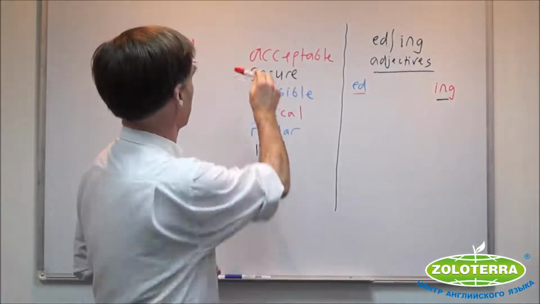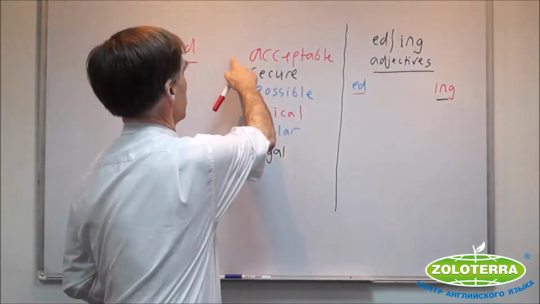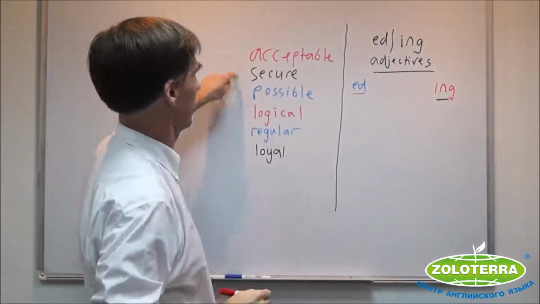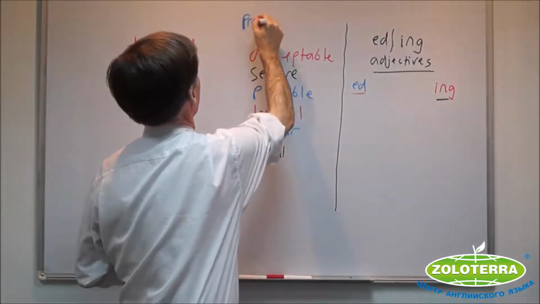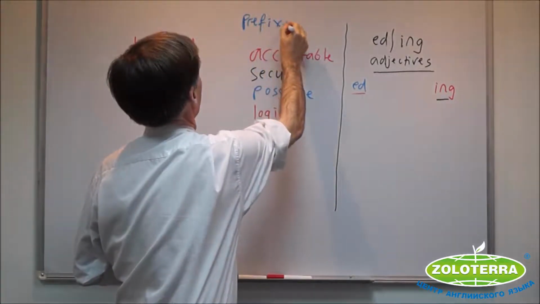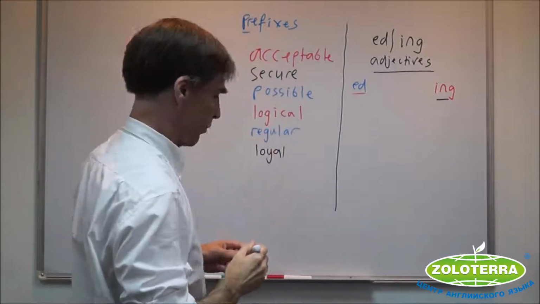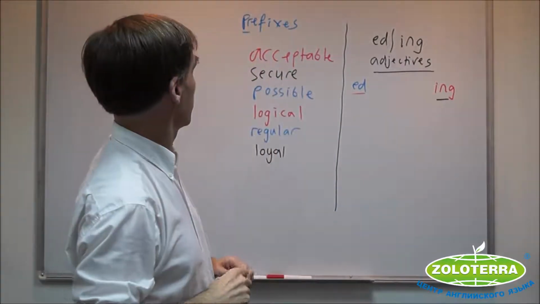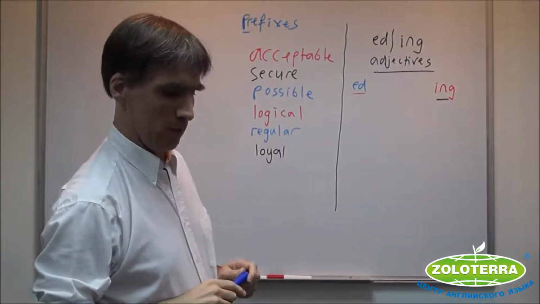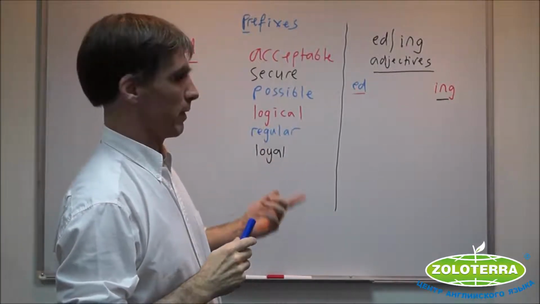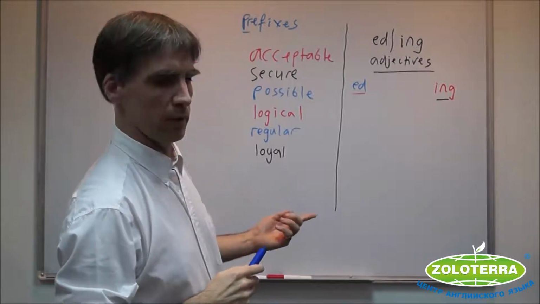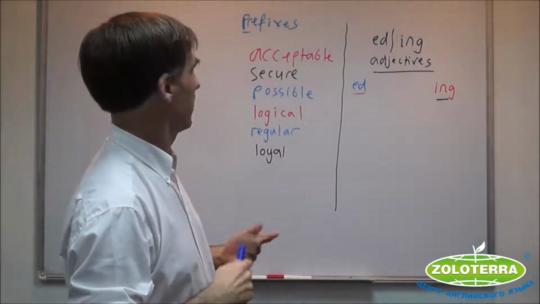when we add letters to another word, we call them prefixes. And we have several different prefixes. Some of them have different meanings, and several of them make the word a negative.